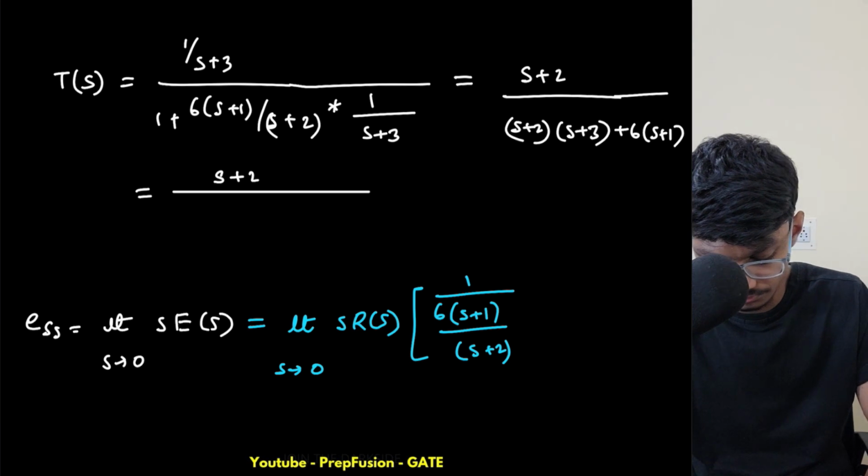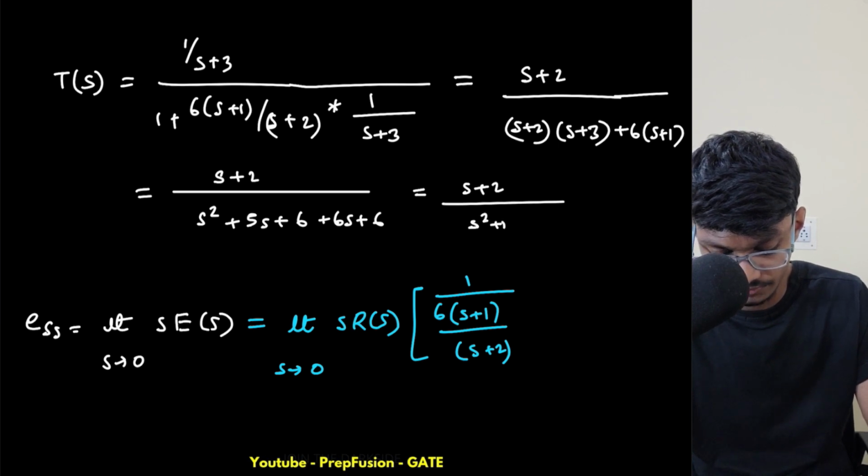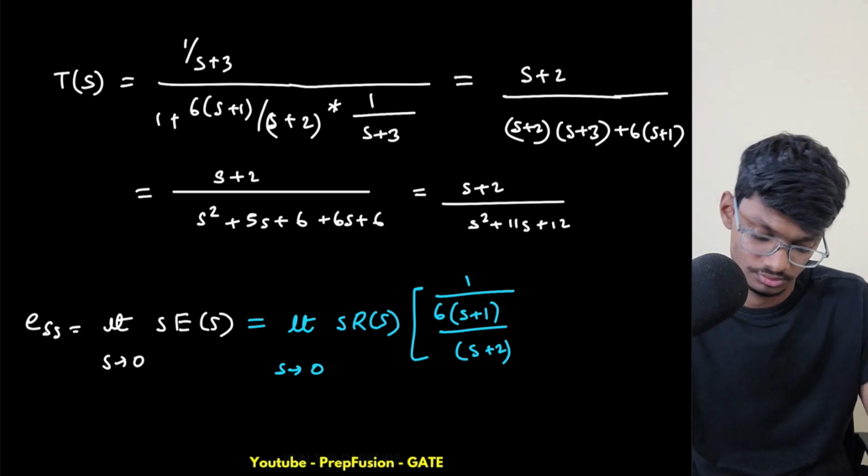This one will become s square plus 5s plus 6 plus 6s plus 6, divided by s square plus 11s plus 12.